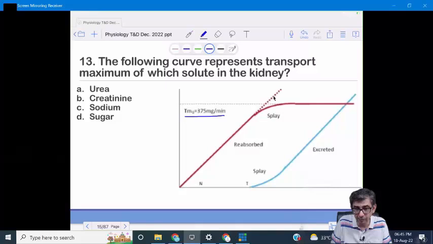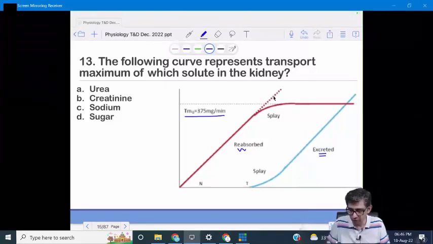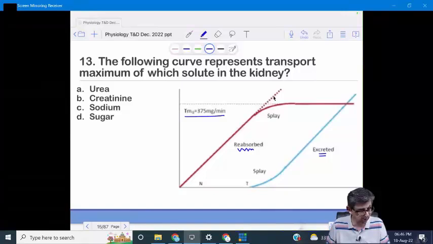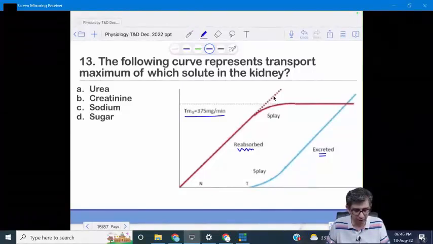You can see that some product is being excreted and some is also being reabsorbed, and the difference of the two is responsible for the final product. So we read about this with respect to, okay, I got one as urea and another one that I got as sugar.